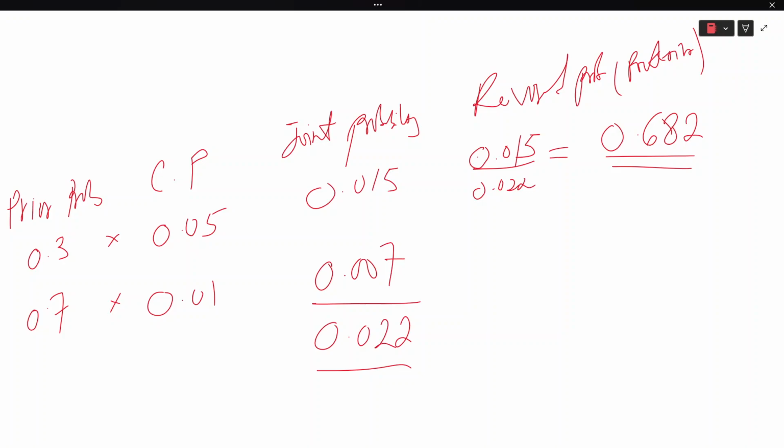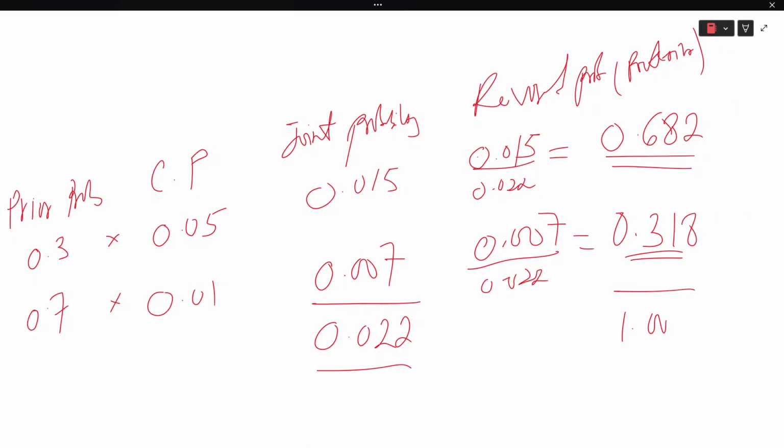For the second one too, 0.007 divided by 0.022 gives 0.318. So at the end, make sure that your revised or posterior probabilities add up to 1.00. Now you can add 0.682 and 0.318 as total probability 1.